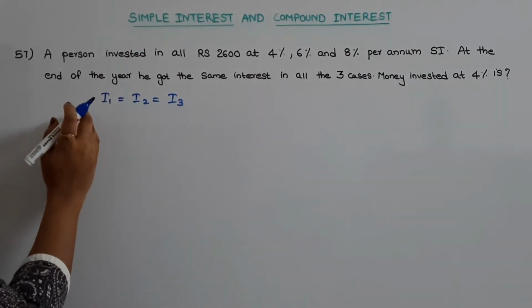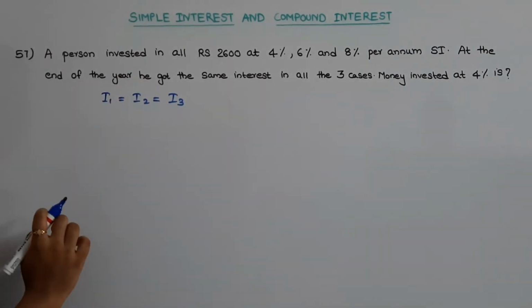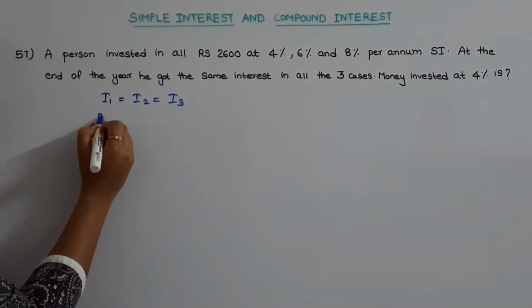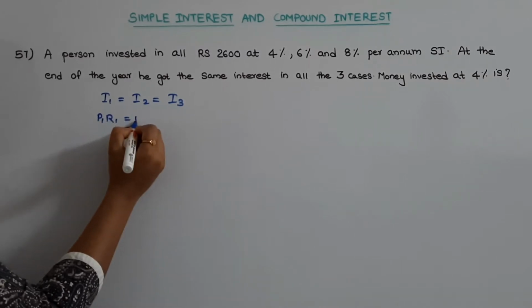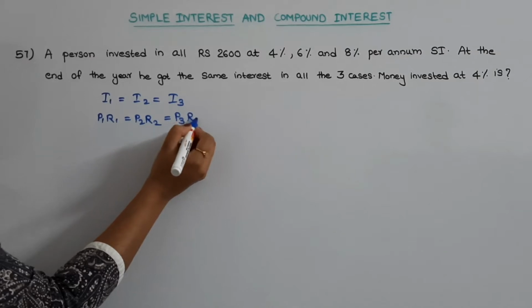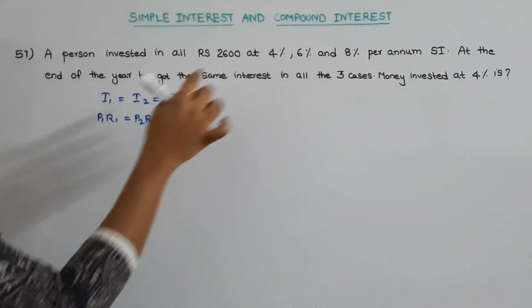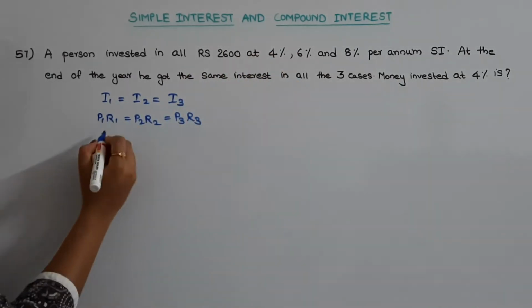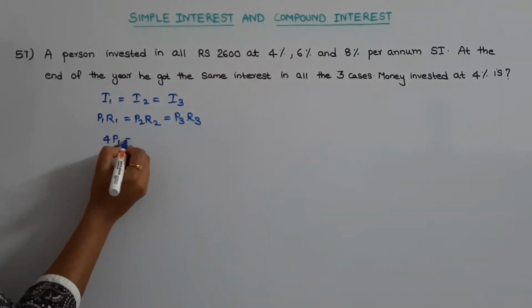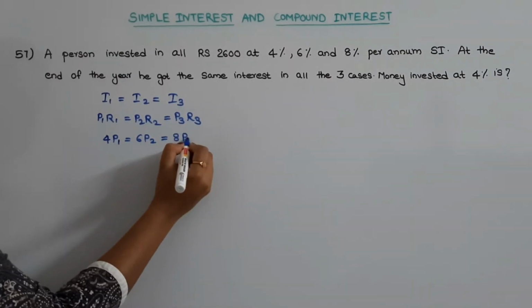But we know that the time period is the same in all the three cases and it is given as 1 year. So we can write this as P1R1 = P2R2 = P3R3. R1, R2 and R3 are given as 4, 6 and 8. So on substituting these values we will get 4P1 = 6P2 = 8P3.